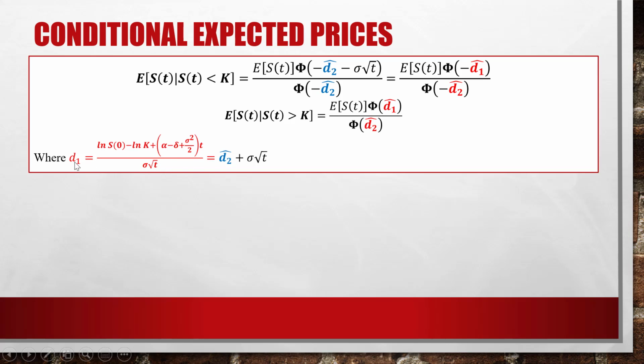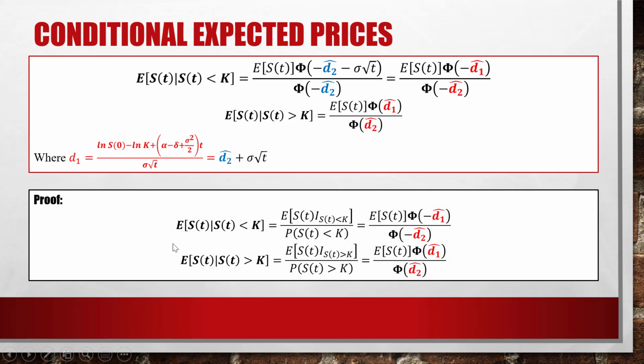The only difference between d1 hat and d2 hat is right here: for d1 it is plus before sigma squared, and for d2 it is minus. So there's a relation: d1 hat is equal to d2 hat plus sigma square root of t. Here it should be d1 hat, okay?